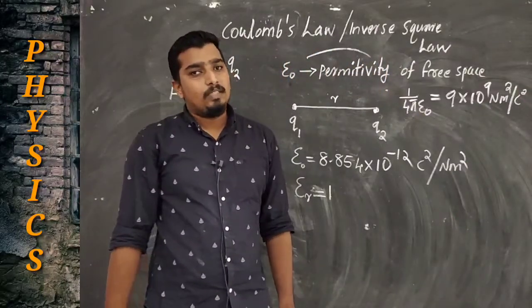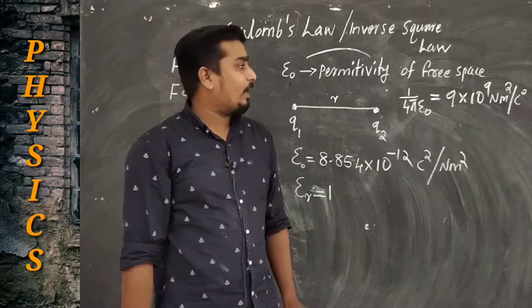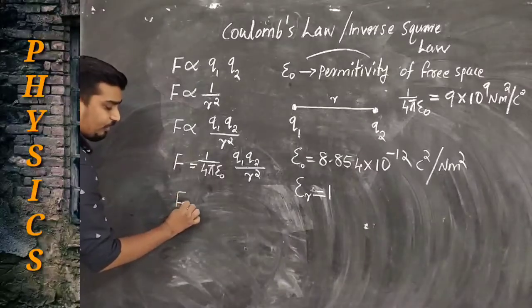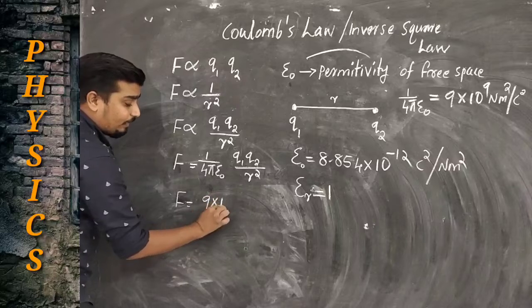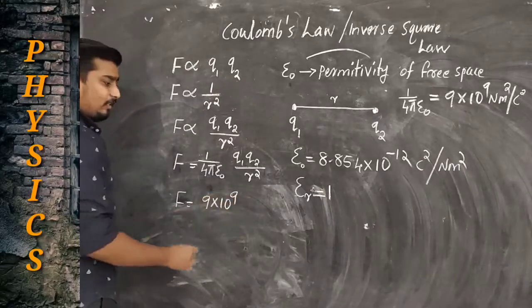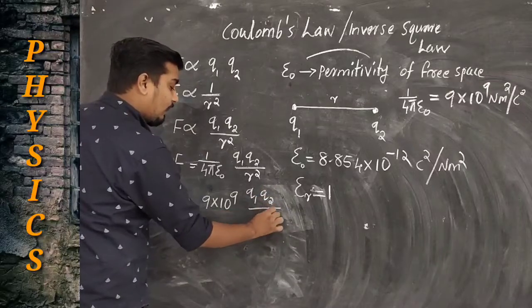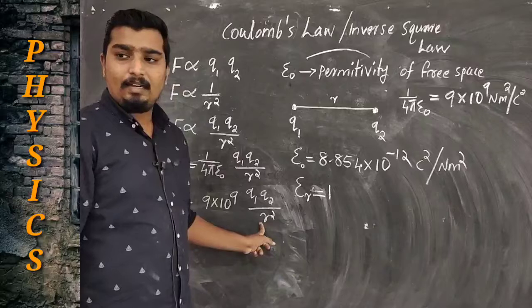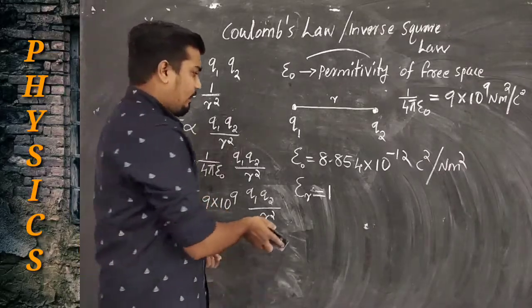Therefore, F equal to 9 into 10 raised to 9 into Q1 Q2 by R square.